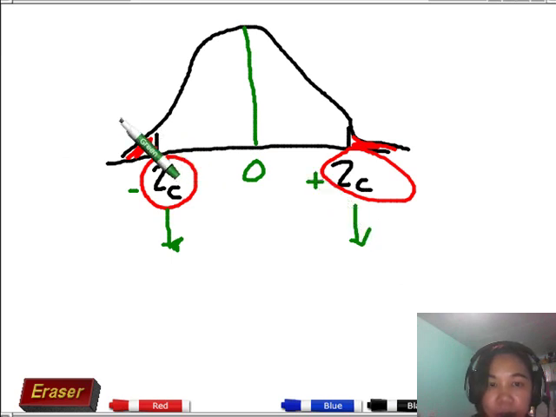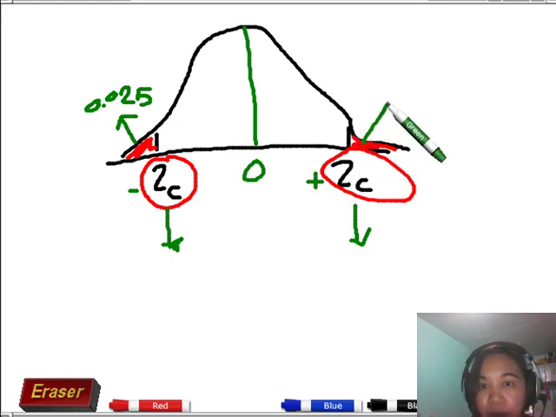This one is 0.025. We're talking about the area. And this is also 0.025. So we will find the critical values in the Z table.